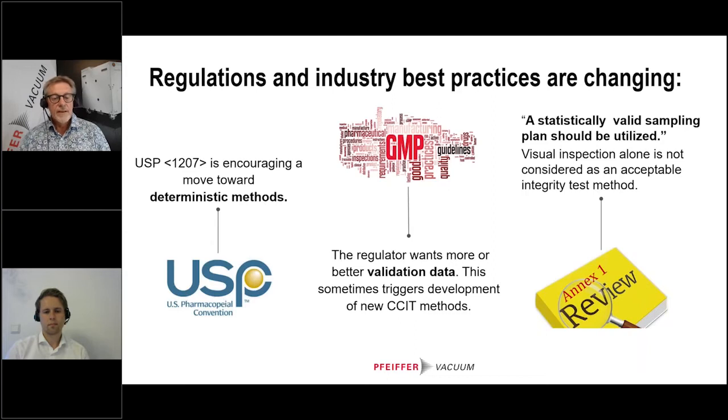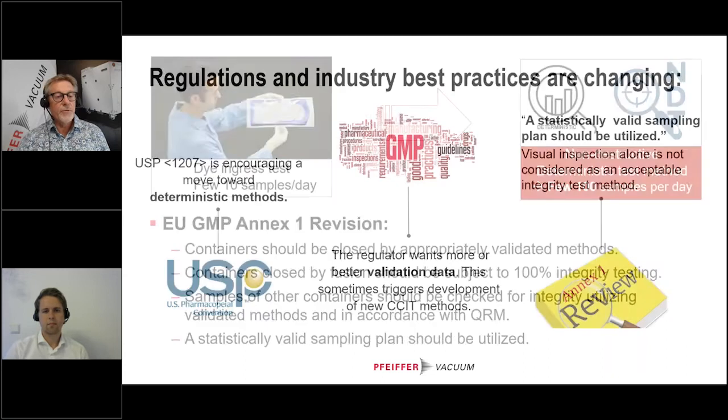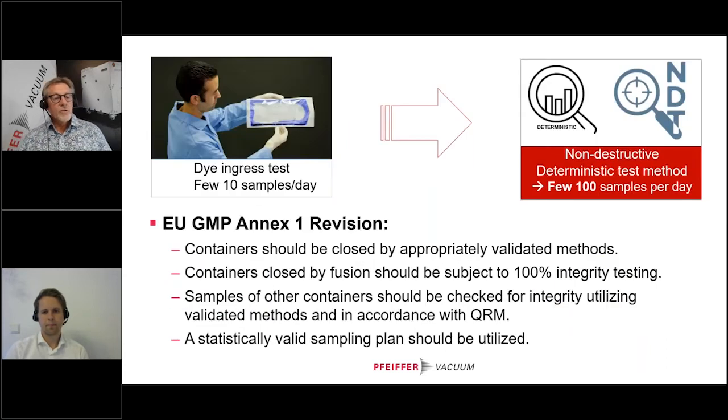So a better validation means more data, more tests. And for sure, if your test is destructive, that could be a big pain for you. In practice, this new Annex 1 means that if you are testing a few tens of samples per day today, you should go for a larger sampling rate and test in the near future a few hundred samples per day.